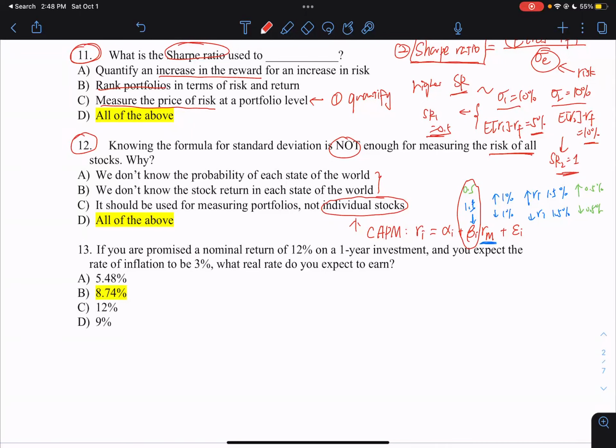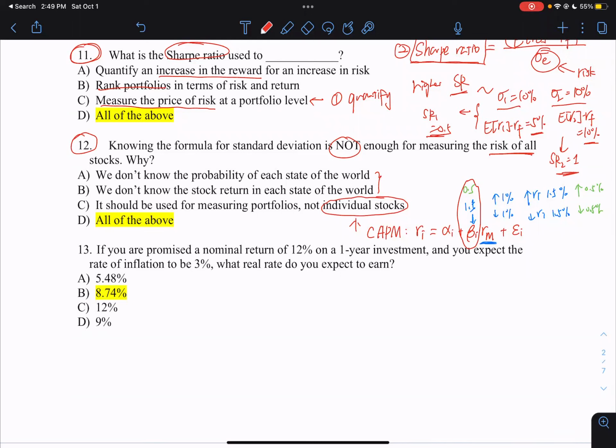The formula of the CAPM is what we use to measure individual stocks, right? Yeah. And then why isn't the reason that the formula for standard deviation is not enough for measuring the risk of all stocks only because you said that we're not able to know all the values of the stocks? Okay.